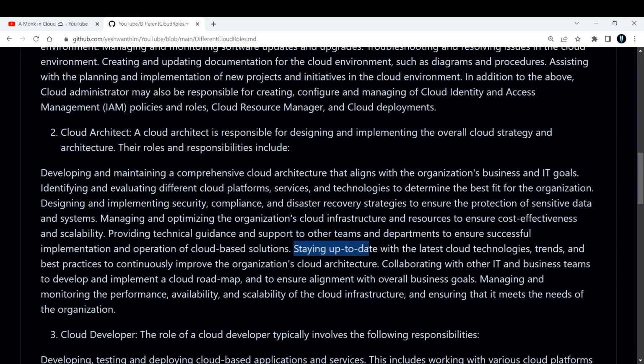Staying up to date with the latest cloud technology trends and best practices to continuously improve the organization's cloud architecture is one of the important roles of a cloud architect, right? They would also need to collaborate with other IT and business teams to develop and implement a cloud roadmap and to ensure alignment with overall business goals, right?